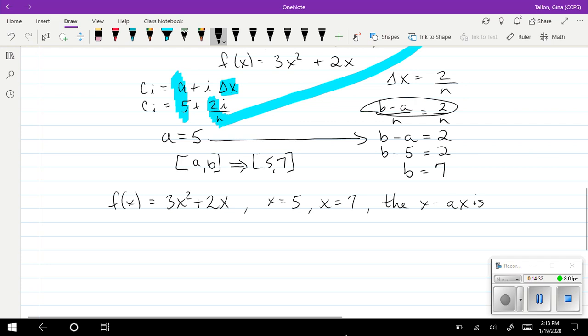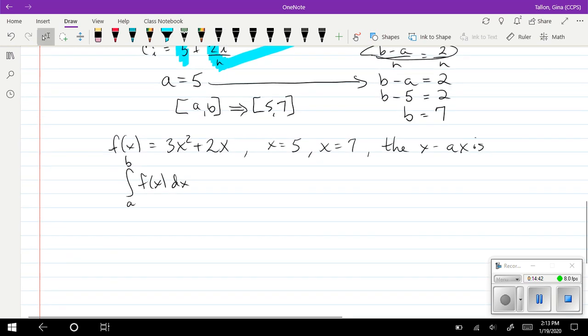According to the Fundamental Theorem of Calculus, that is the same thing here as the integral from a to b of f of x with respect to x, which is equal to the integral from 5 to 7 of 3x squared plus 2x with respect to x.